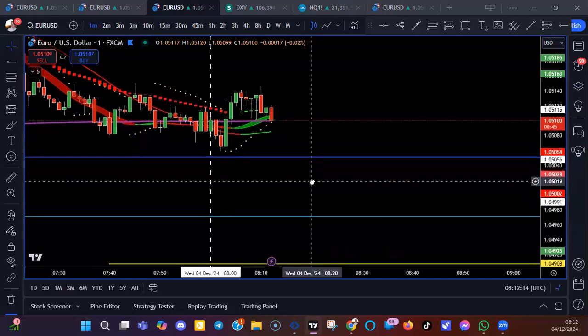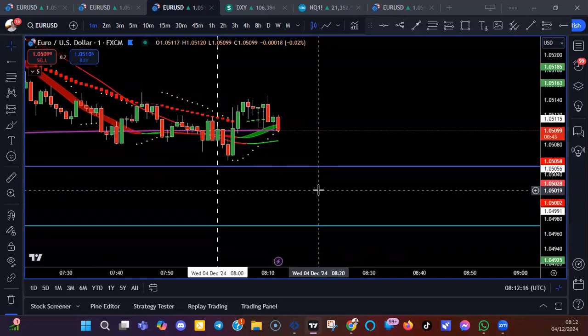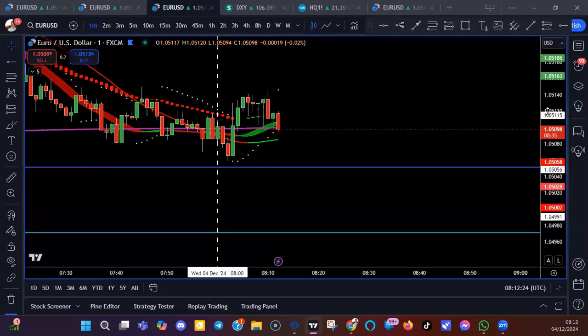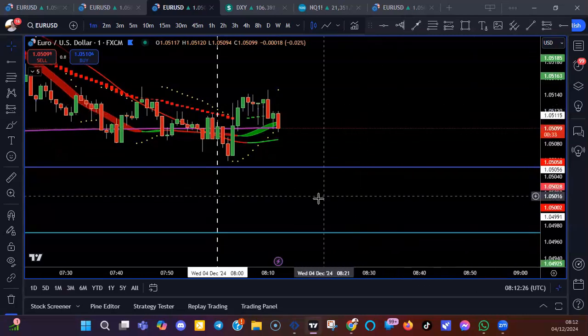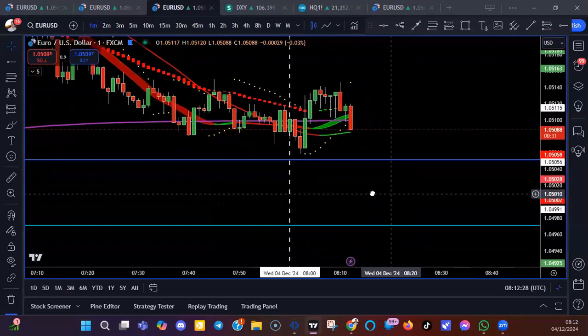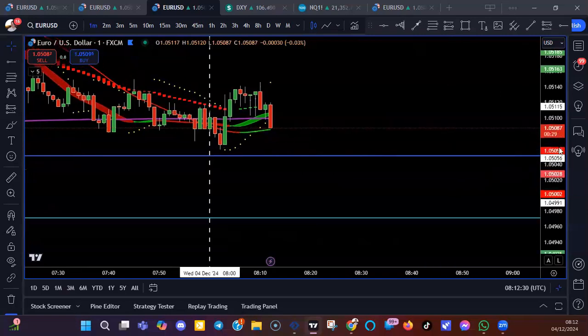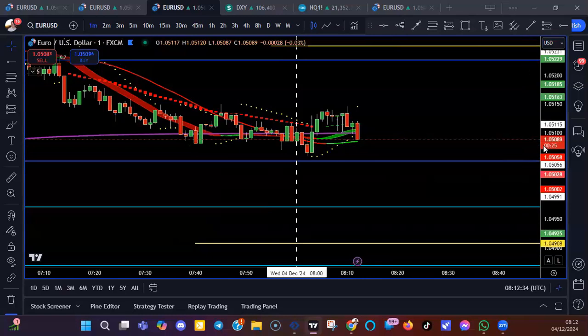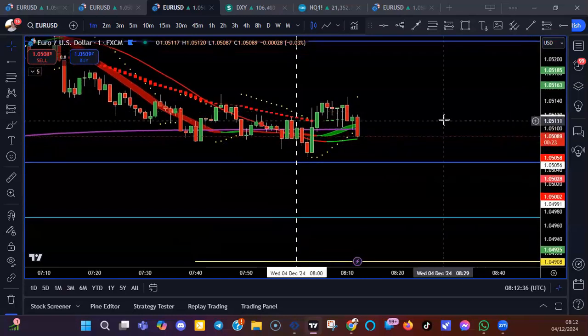And then we've got news at 8:45, 8:50, and 8:55 from these other little cogs. Whether they're going to be good enough to move it quite a lot remains to be seen.